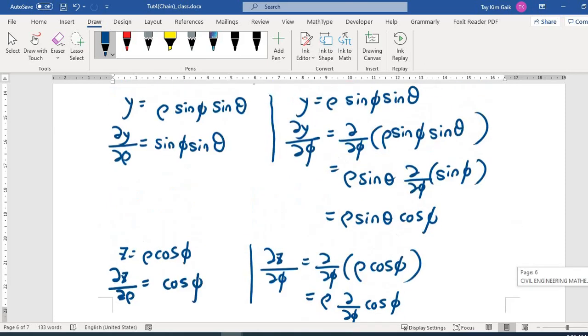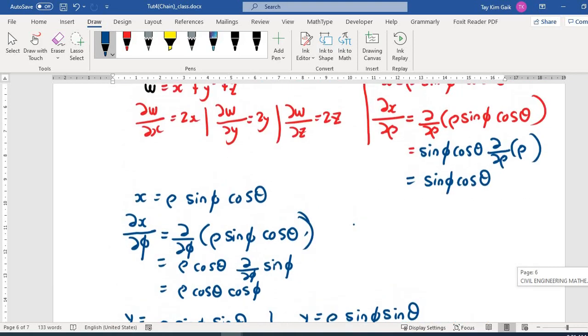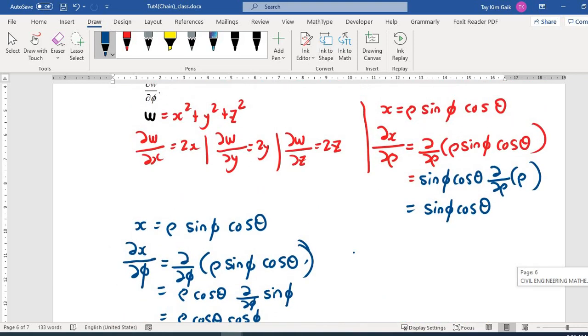So I repeat it one more time. For del w del x, the answer is 2x. Del w del y, the answer is 2y. Del w del z, the answer is 2z. Del x del rho, the answer is sin phi cos theta.